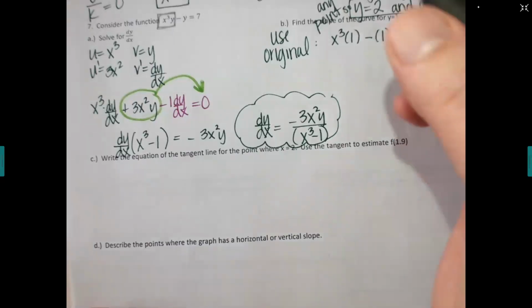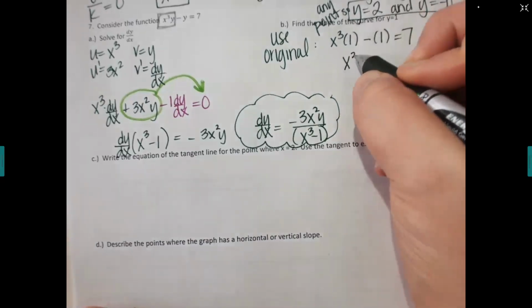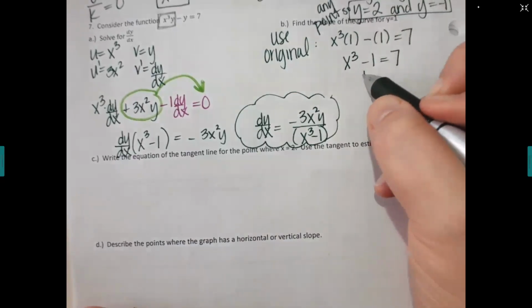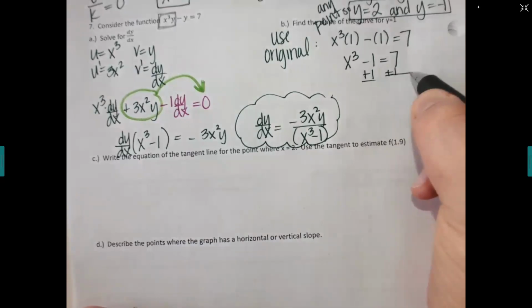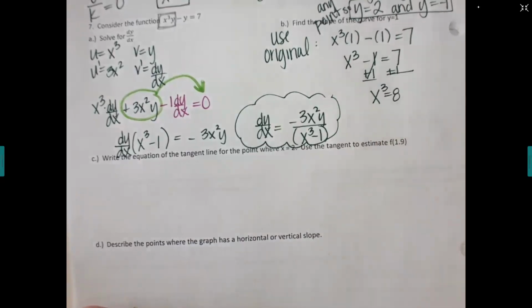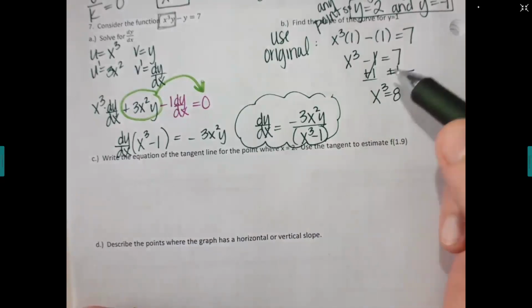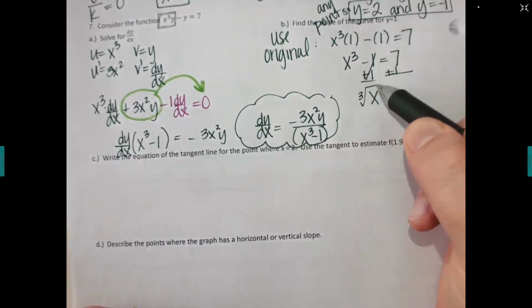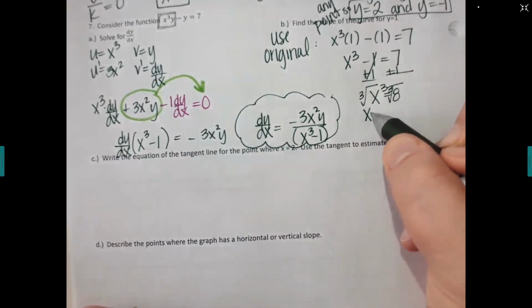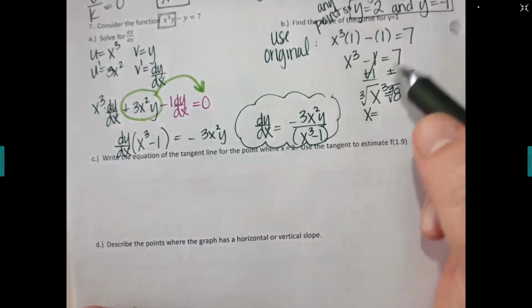Okay, remember the original equation is the relationship between x and y. So x cubed times 1 is just a regular x cubed. How do I get rid of the minus 1? Okay, so that means that 7 plus 1 is now x cubed equals 8. What do we do from there? Cubic root. And then do we plus or minus on cubic roots? Just plus.